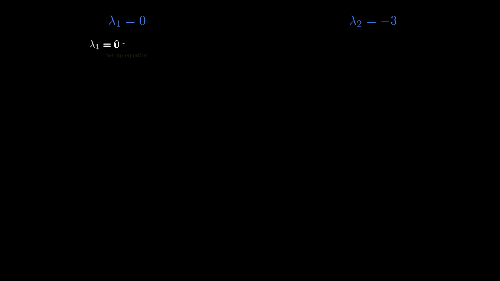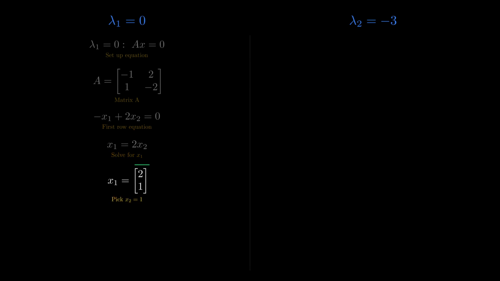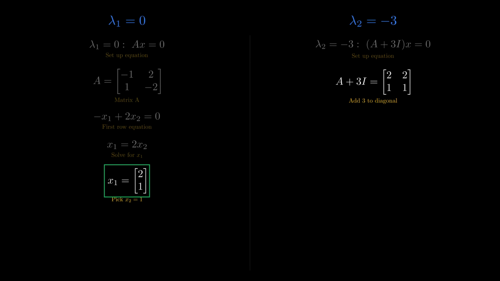Now let's find the eigenvectors. For lambda 1 equals 0, we solve A times x equals 0. Using matrix A, the first row says -x1 plus 2 x2 equals 0, which rearranges to x1 equals 2 x2. Picking x2 equals 1 gives the eigenvector 2, 1. For lambda 2 equals -3, we solve the matrix A plus 3 times the identity, times x, equals 0.